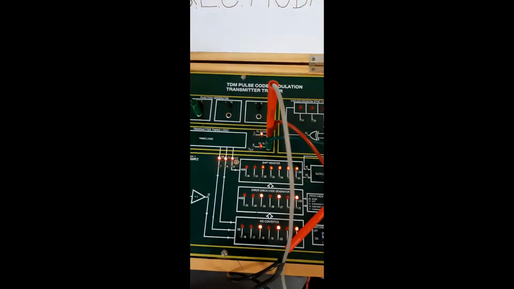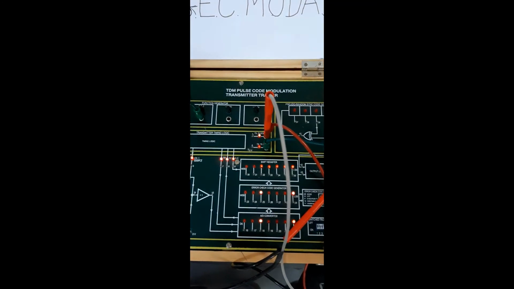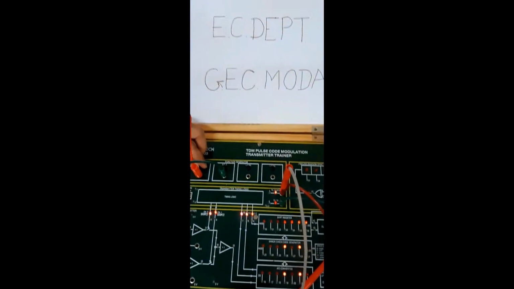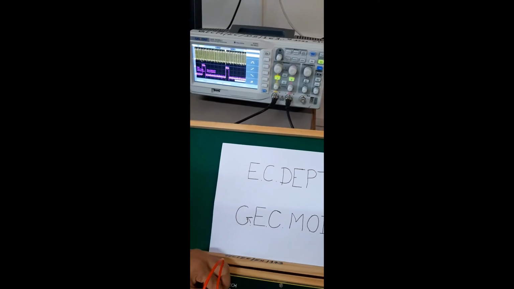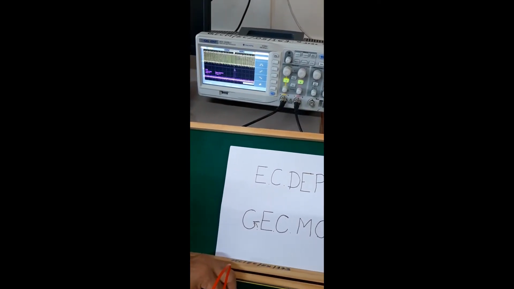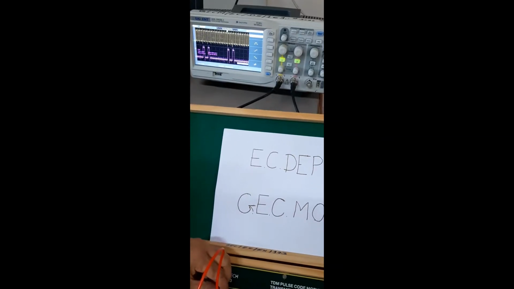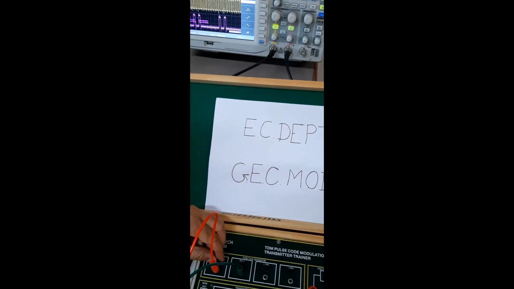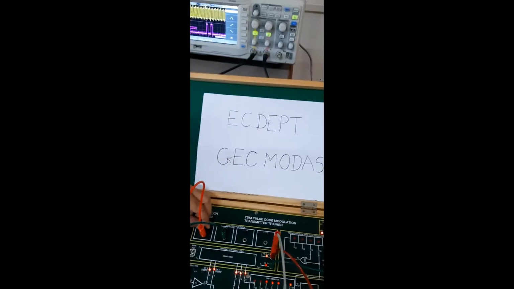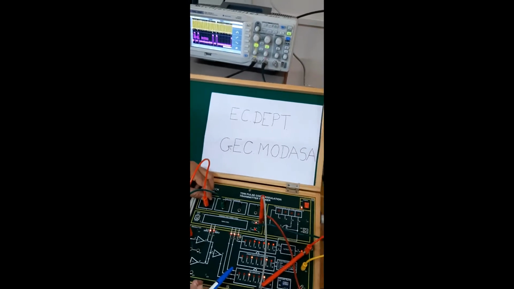I can change my DC value, and accordingly the bit pattern will change. Now you can see as I change from here, the same bit pattern will also be observed.